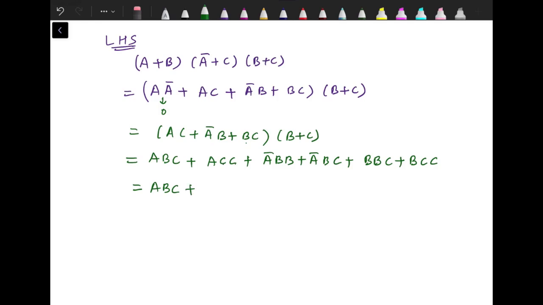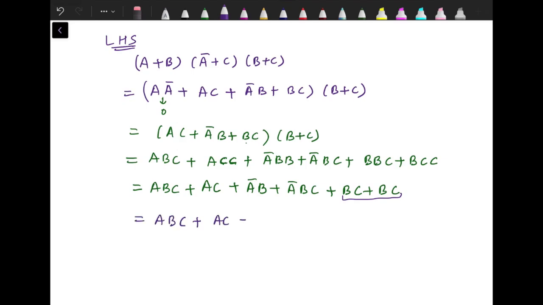Here we have c and c, and operation of any variable with itself results in the same variable, so it's ac. Similarly here it reduces to a complement b, then we have a complement bc, this one will reduce to bc, and then again bc. So we have abc plus ac plus a complement b plus a complement bc plus bc.